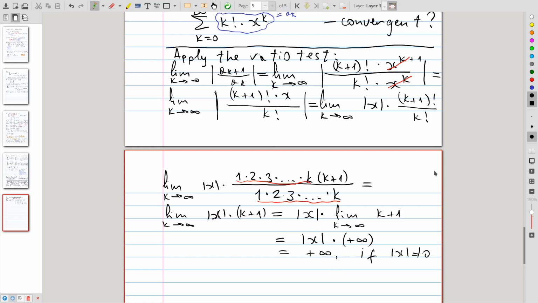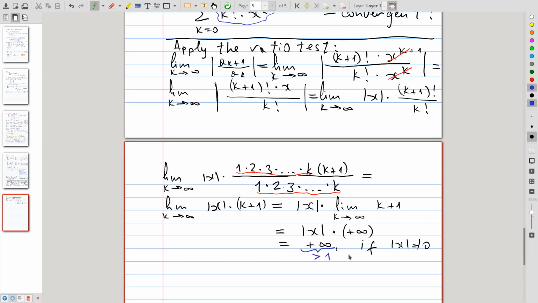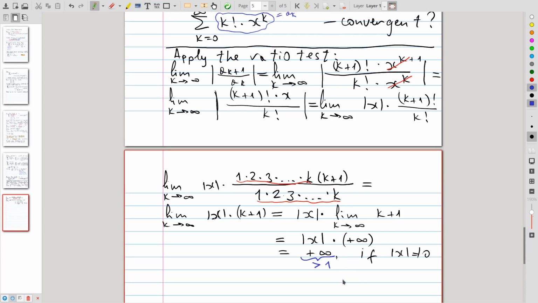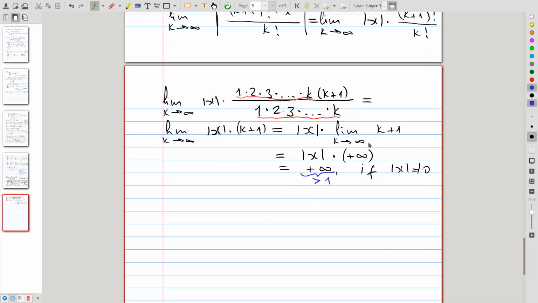And of course, the key property of plus infinity here is that it is bigger than 1, and that's the only thing that matters for the ratio test. And so the value of this limit is bigger than 1 if absolute value x is not 0. And therefore, our conclusion is that this series is divergent for x not equal to 0.